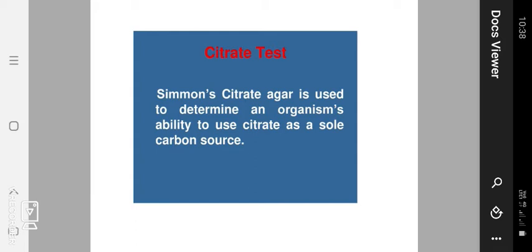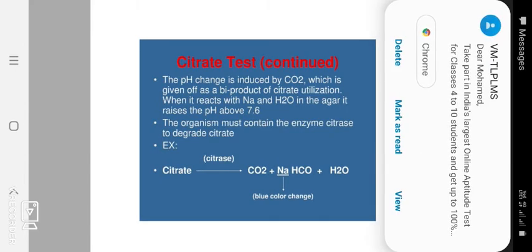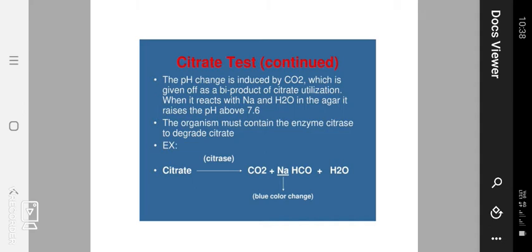Another most important one is the C test, the citrate test. Simmons citrate agar is used to determine an organism's ability to use citrate as a sole carbon source. The principle: the pH change is induced by carbon dioxide, a byproduct of citrate utilization.